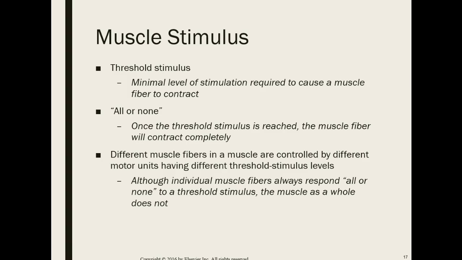Different muscle fibers in a muscle are controlled by different motor units, so each of those motor units has a different threshold stimulus level. The biggest thing to take away from this is that although the individual muscle fibers always respond all or none, the muscle as a whole does not. So it is possible to just stimulate a small section of that muscle.